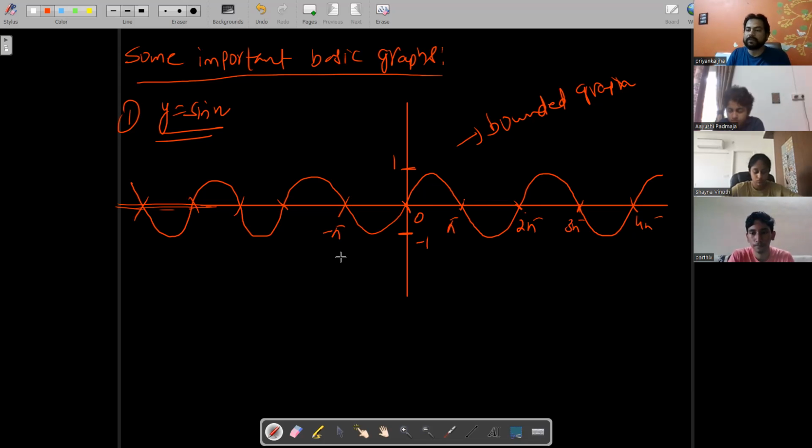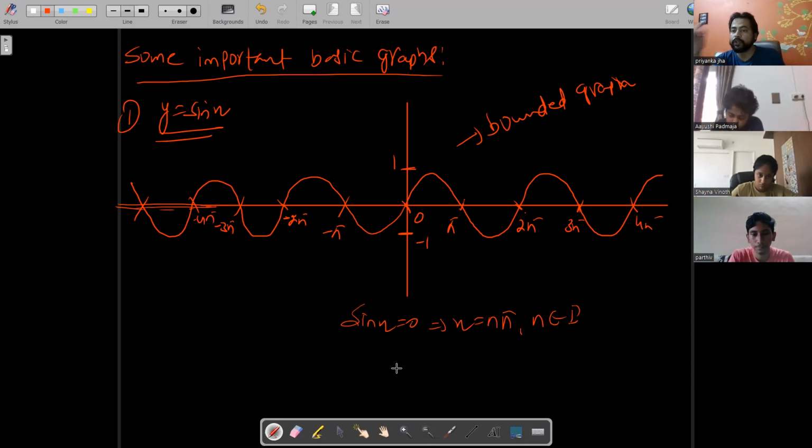And on the left side, minus pi, minus 2 pi, minus 3 pi, minus 4 pi. So we can say that if sine x equal to 0, x can be n pi, where n is an integer. You can take any value of n, like 0, 1, 2, 3, 4, minus 1, minus 2, minus 3. So sine pi is 0, sine 2 pi is 0, sine 3 pi is 0, sine 0 is 0, sine of minus pi is 0.